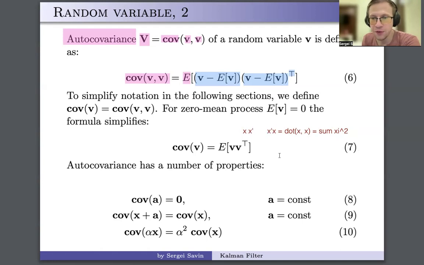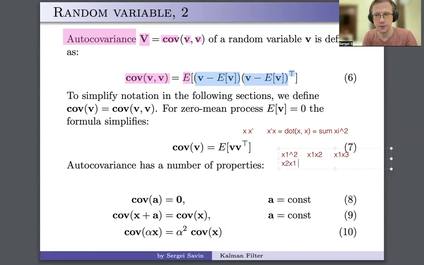So for example, for a 3 by 3, x would look something like this: x1 squared, x1 x2, x1 x3. That is the first row.